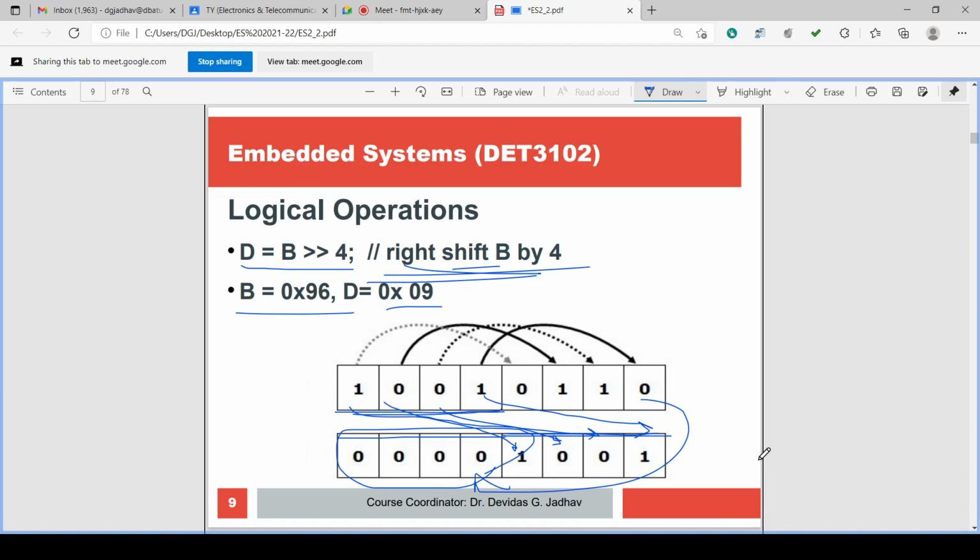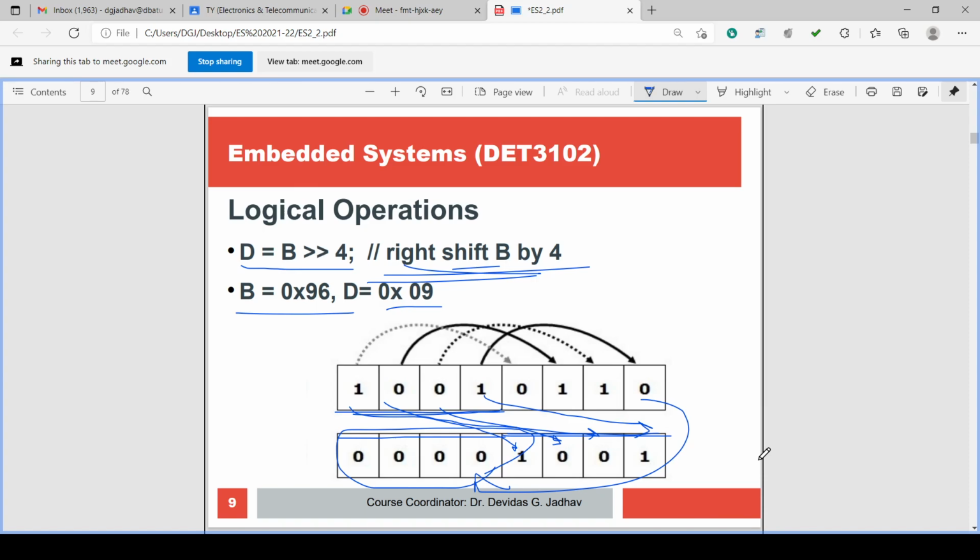So we have seen arithmetic operators and logical operators. In logical operators, we have the C-like logical operators which work on the byte, and we have the bitwise logical operators as well.